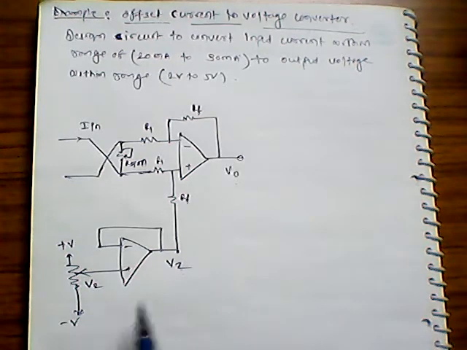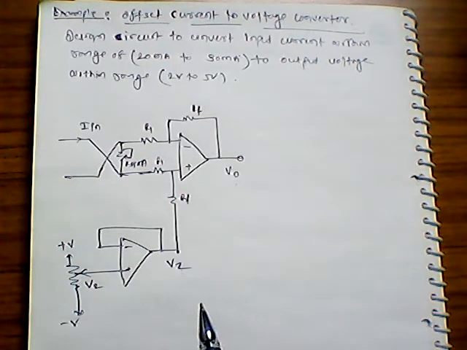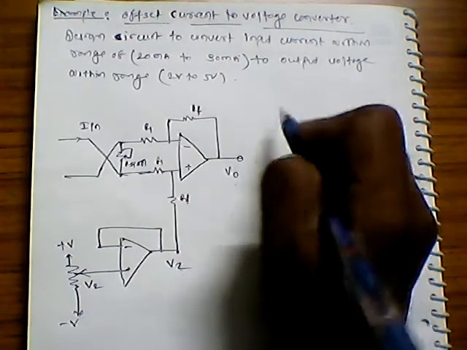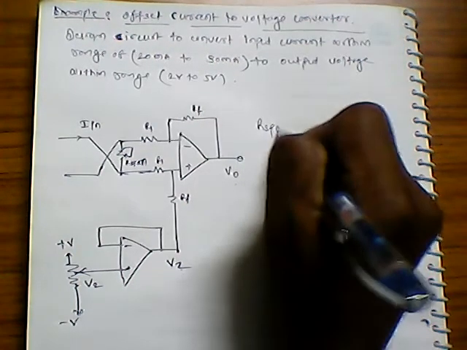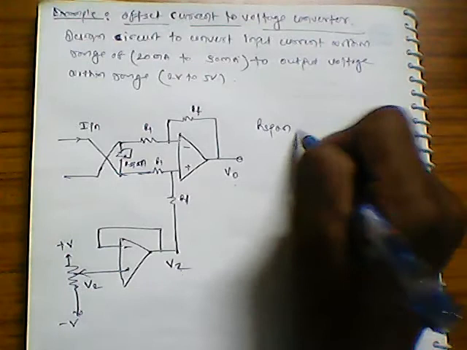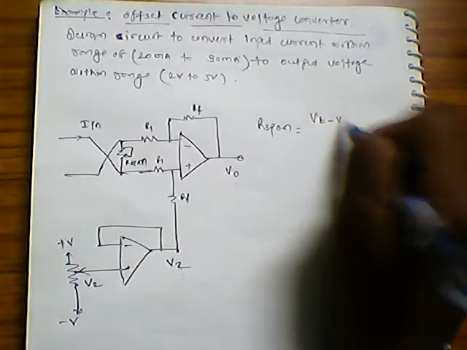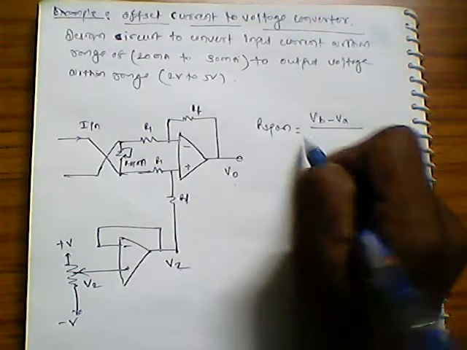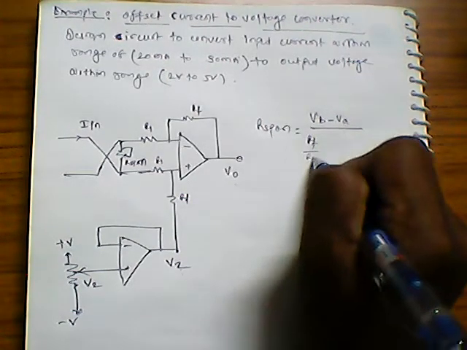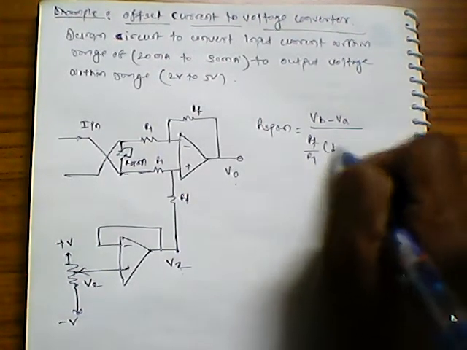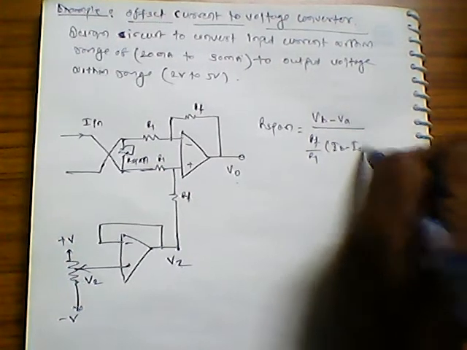So we have solved the equations during theory, and equation for this particular R span is equal to Vb minus Va divided by Rf by R1 into bracket Ib minus Ia.